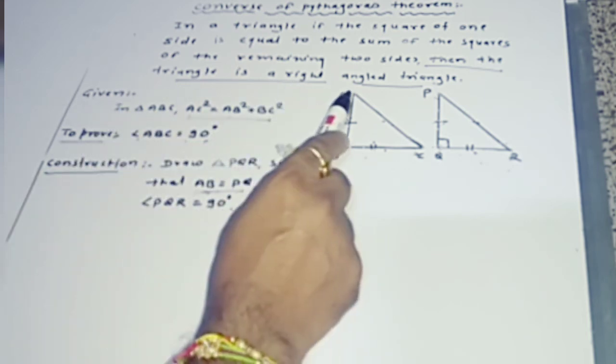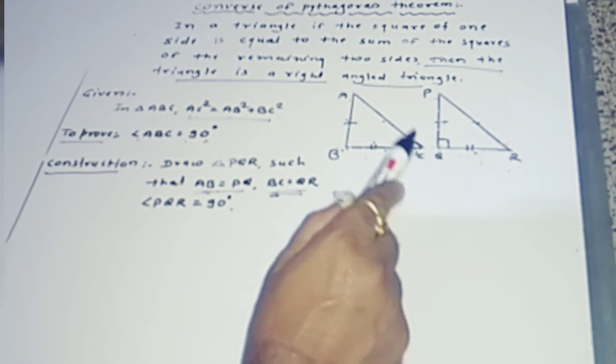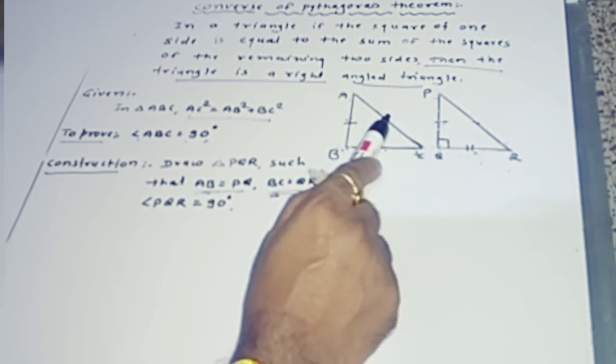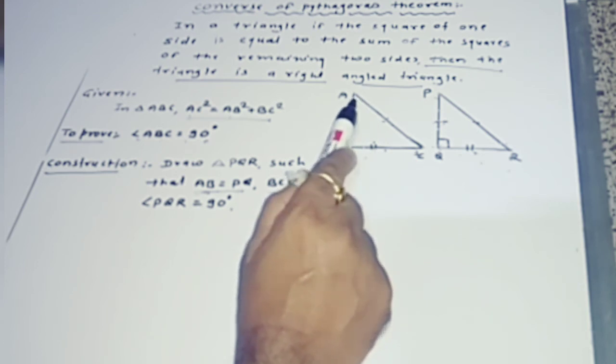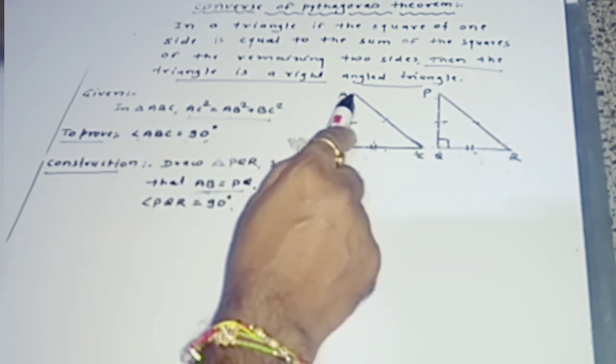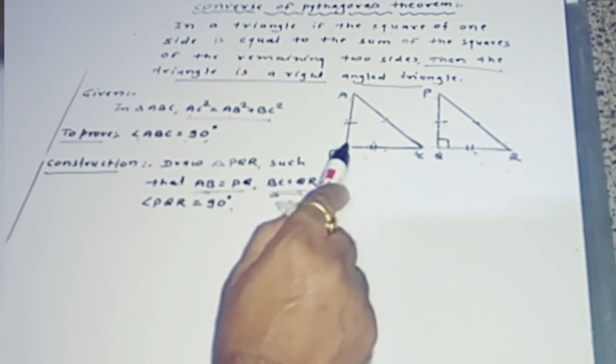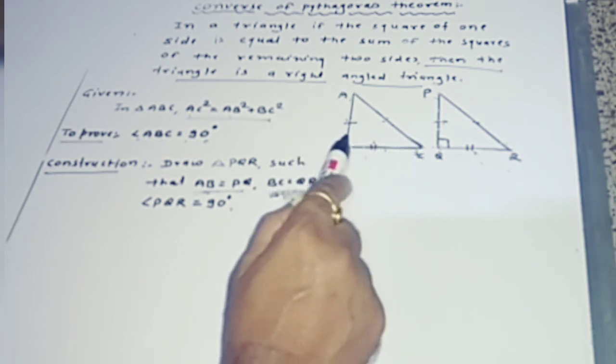Now look here. Consider triangle ABC such that AC square is equal to AB square plus BC square. Then to prove that angle ABC is equal to 90 degree, that means that triangle ABC is a right angle triangle.